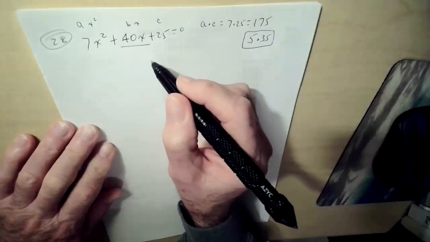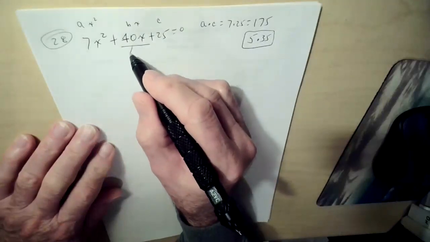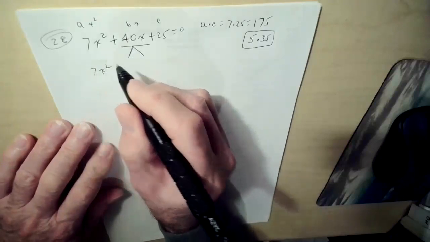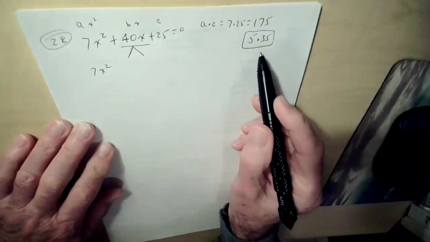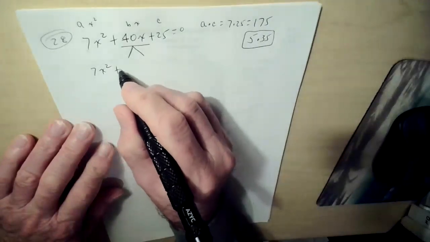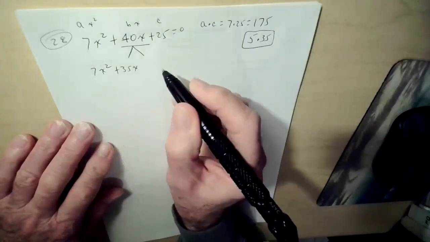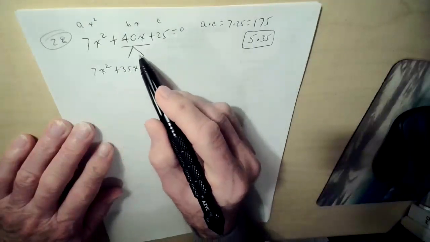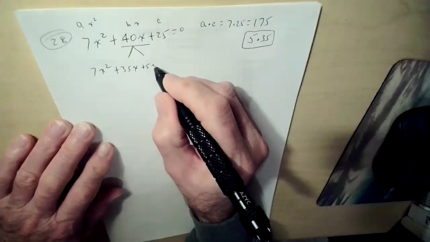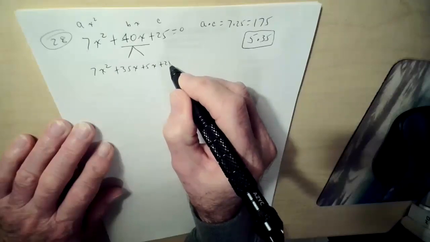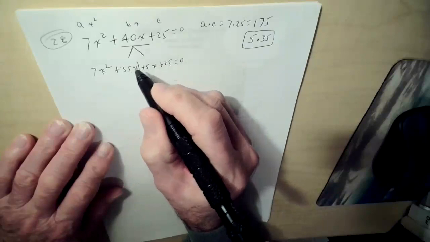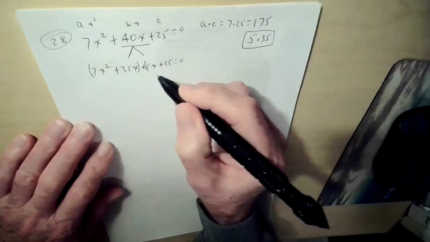Now, remember, what we want to do is split this term up. This is called the linear term. We're going to split that up into 2 terms. 7x squared, now we're going to put the 35 next to the 7, plus 35x. Now we're going to put the 5 next to the 25 because they're factors of each other. Plus 5x plus 25 equals 0. Okay?